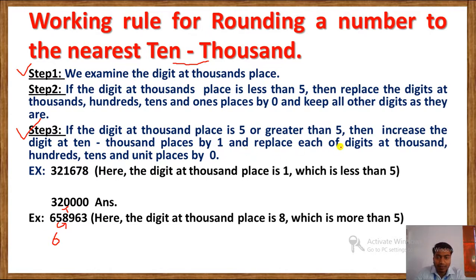And replace each of the digits at 1000, 100, tens and unit places by 0. That means this one we have to replace by 0, and this will be as it is. This will be the answer. Understood?